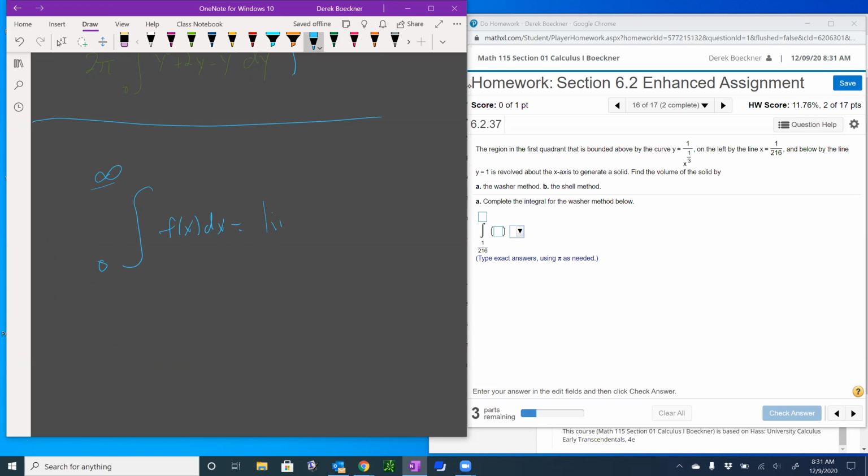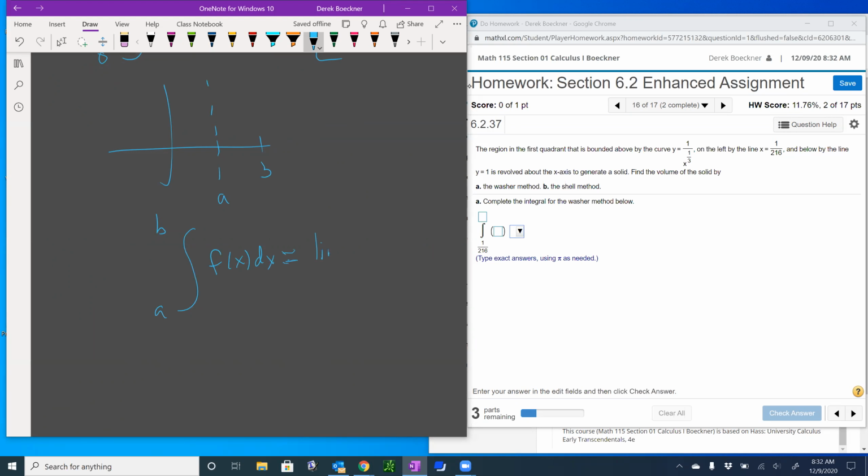So this is like the limit as b goes to infinity of the integral from 0 to b of f of x dx. So if you can evaluate this algebraically, you can get some expression in terms of b, and then you can take a limit of that expression. And if you had an asymptote, maybe a vertical asymptote here at a, and you wanted to take the integral from a to b of f of x dx, you do the same sort of thing.